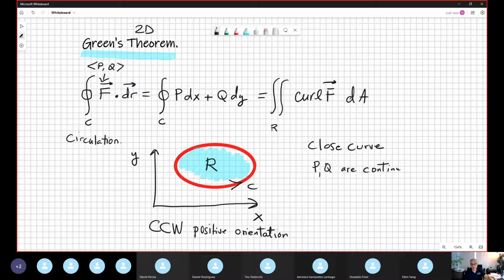In the majority of examples in physics and engineering, the functions are continuous and differentiable. So no problem with this. Okay? Now today I bring a lot of examples of this.